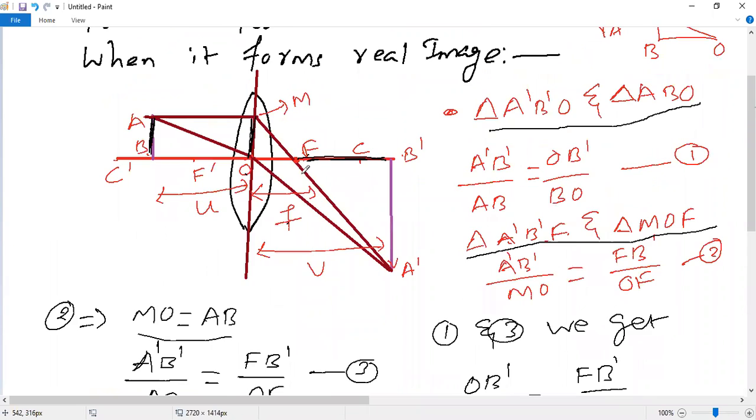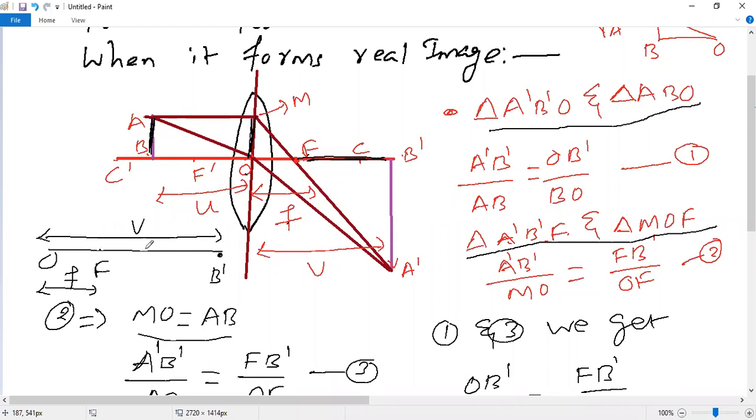Now I am finding the value of F B dash. I will write F B dash alone again. Listen. This is the optical center, the focus, B dash. F B dash. The optical center to B dash value I know, that is v. The optical center to focus, the value is f.